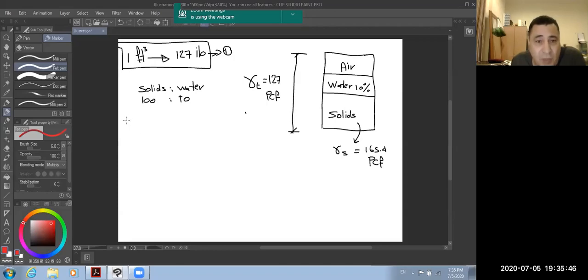The weight of solid is equal to 100 over 110, multiplied by the weight of the total sample, the weight of 127, equal to 115.5 pound.